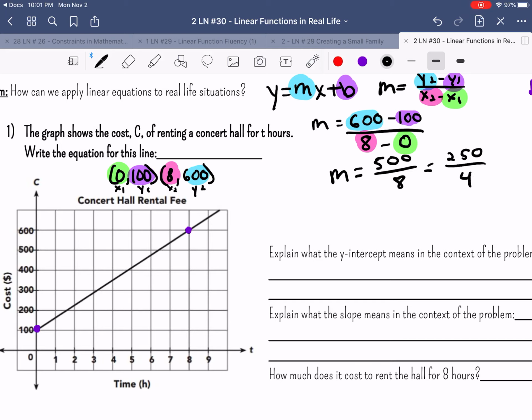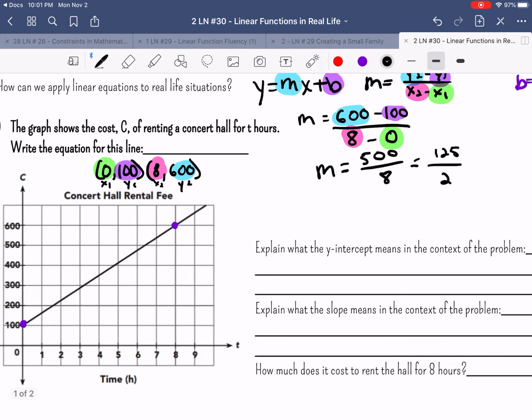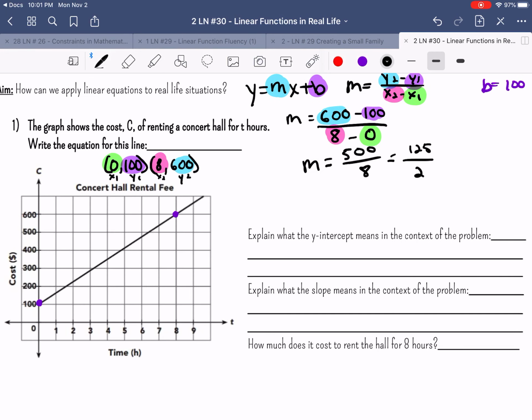But that could actually be simplified even further. So I'm going to simplify it by 4. So 500 divided by 4 is actually 125, and then 8 divided by 4 is 2. And that is as simple as it gets. So our slope is 125 over 2.